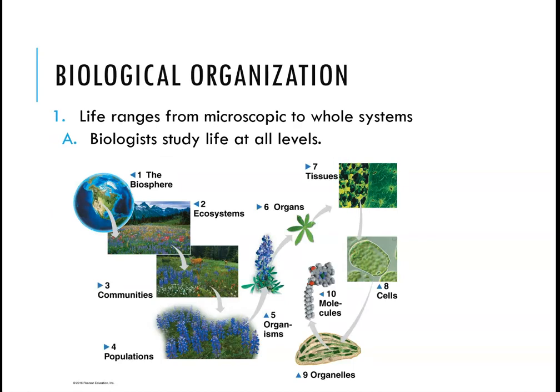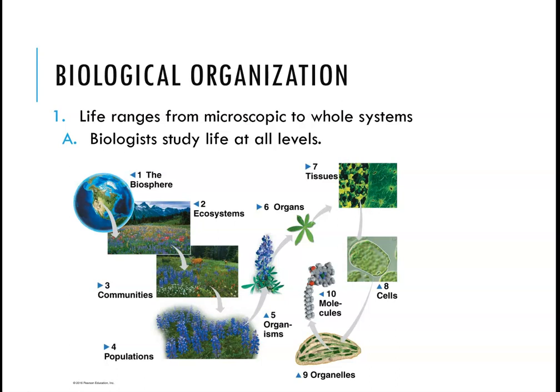Now, this is going to lead us to our first level of biological organization. So life ranges from microscopic, from bacteria and archaea, that's our other group of single-celled organisms. We can't see them. So life is anything from things we can't see to whole organisms that we absolutely can see, like your family members, your pet, the birds outside, all of those things.